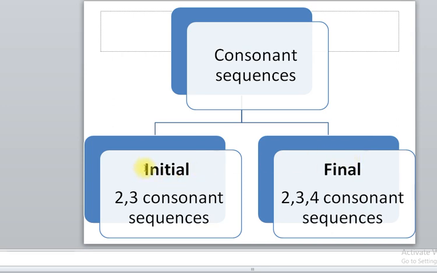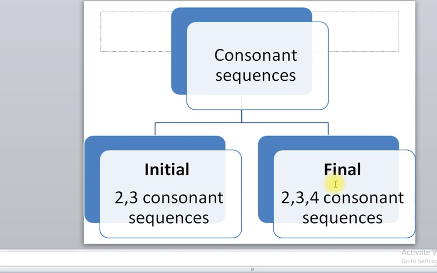نيجي على الانيشال. We have two types, basically and mainly: either two consonant sequences or three consonant sequences, no more. At the beginning of the word, at the initial position of the word, we don't have more than three initial consonants in English, so far as the book is concerned، حسب المعلومات اللي عطونا إياها بالكتاب. أما فيما يتعلق بال final consonant sequences, they start with 2, 3, and 4.